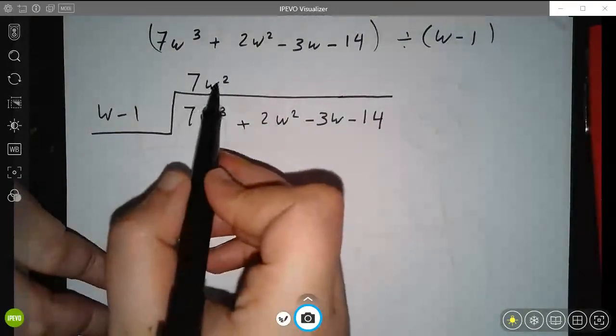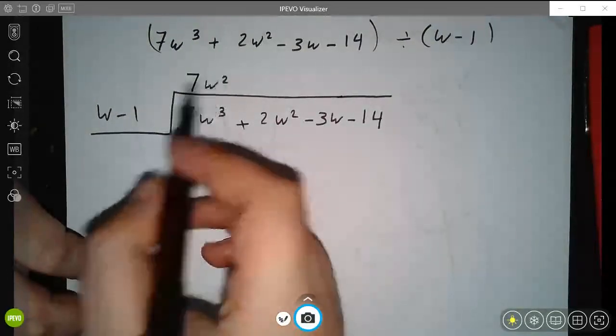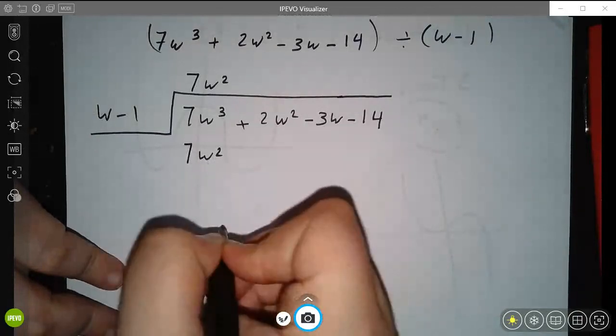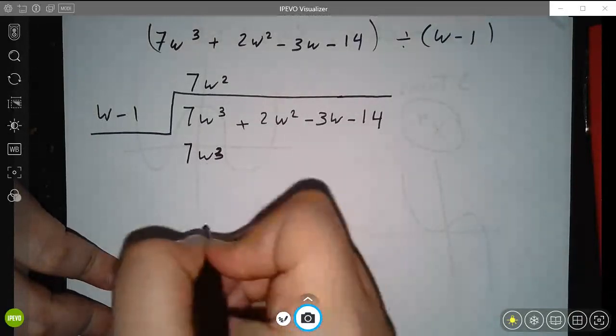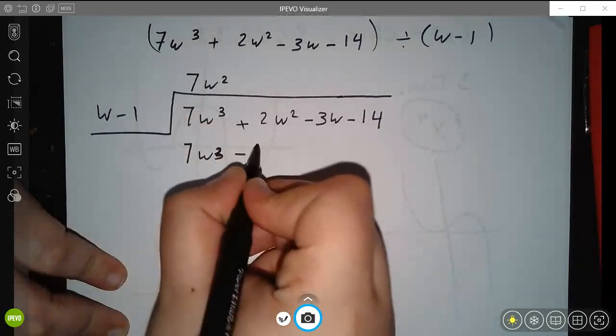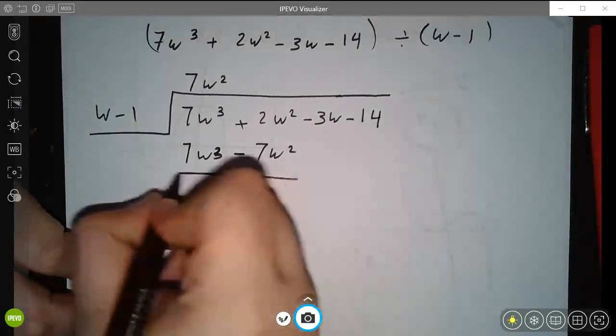So that's my first term. Now I'm going to multiply it by both. 7w squared times w gives me my 7w cubed. And then 7w squared times negative 1 gives you negative 7w squared. Subtract.